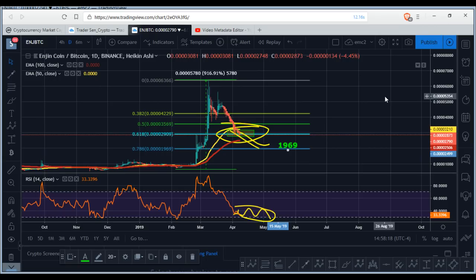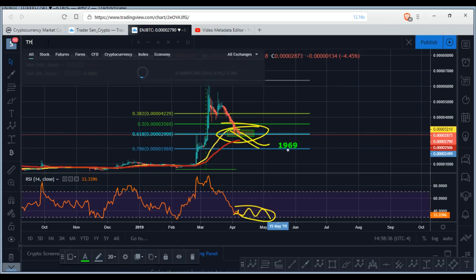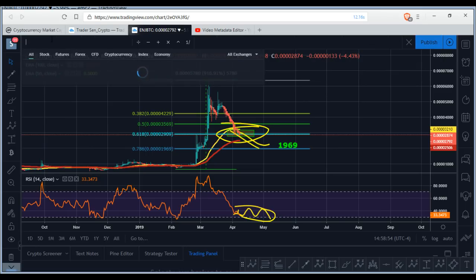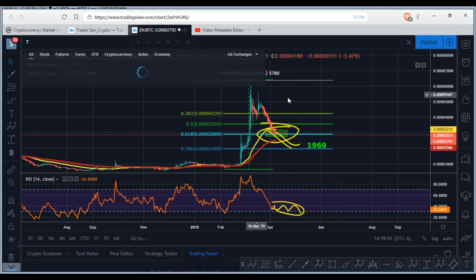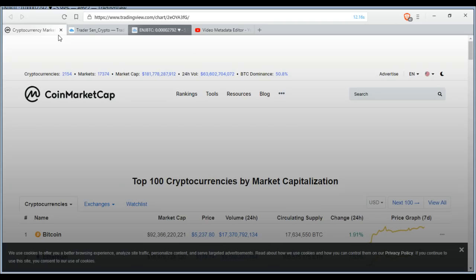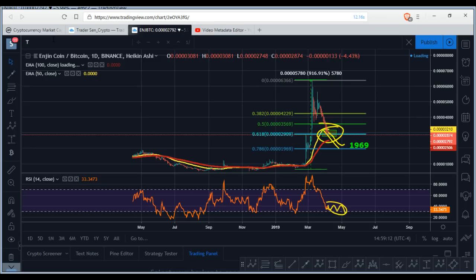All right, thank you, Todd. Thank you. Let me take a look at a couple of coins. If you guys don't have any question, I think somebody asked about Tether coin, right? Let's take a look at Tether coin. I'm not familiar with that coin, but I'll take a look at it. For some reason, TradingView is not responding.